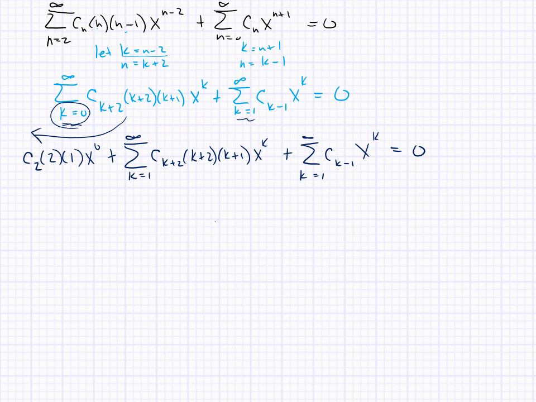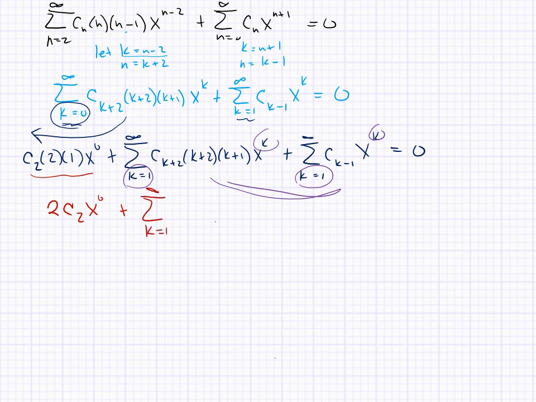So now I have everything I need. I've got the indices matched up. I've got the powers matched up. So that I can condense these two into one series. So this thing right here, I'll just rewrite a little bit. It's going to be 2 c sub 2 x to the 0 plus, now this whole thing is going to start at 1 because both of them start at 1.